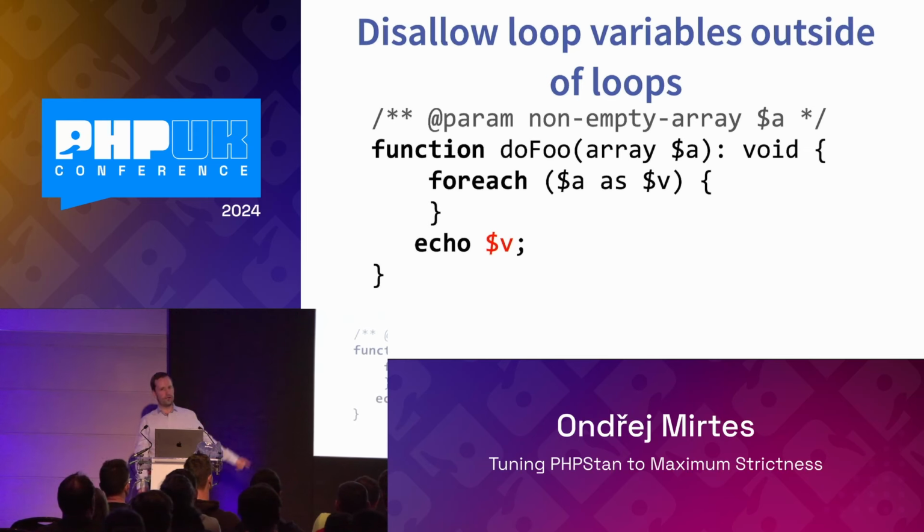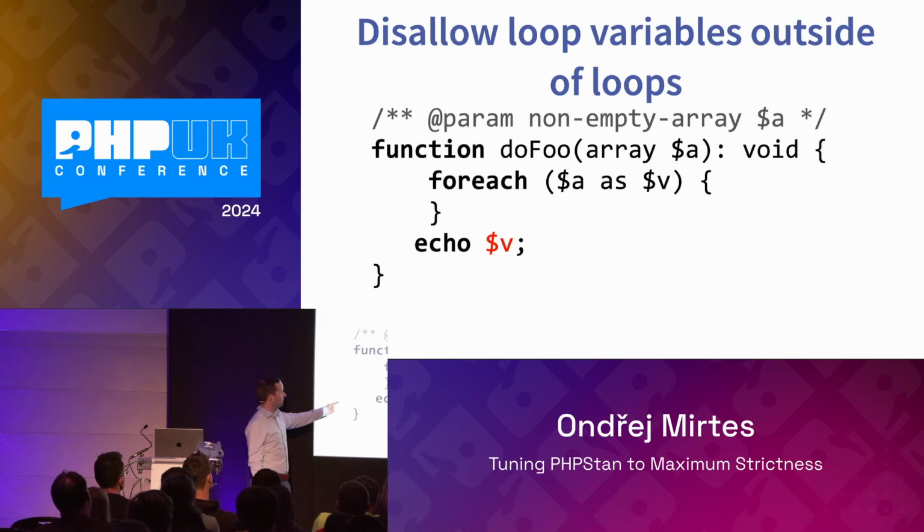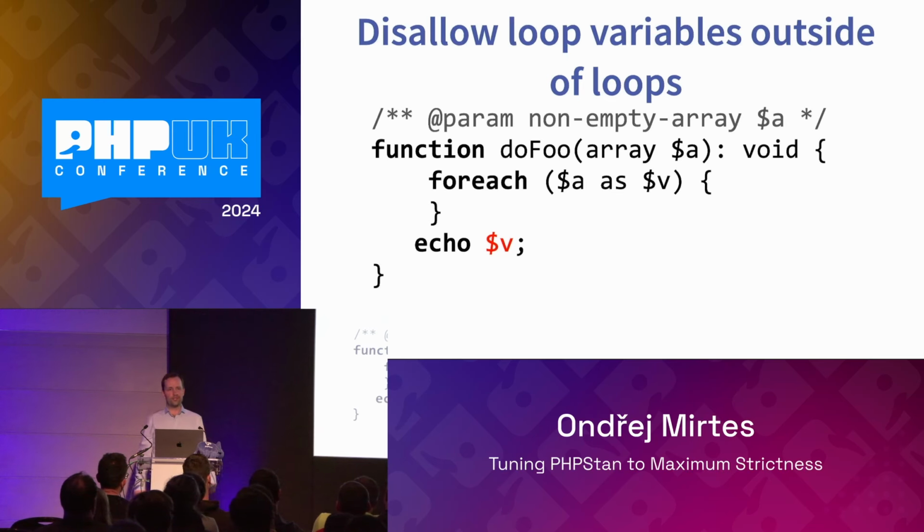The foreach is going to iterate at least once, and what it means is that below the foreach, the $v variable is going to exist, and it's going to contain the last element from the array. So some developers prefer to write code like this. They prefer that they can access the last element of the array. They might use it in their logic, and they are not wrong. So by default, PHPStan doesn't report this.